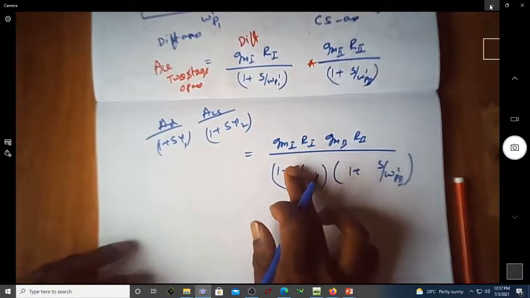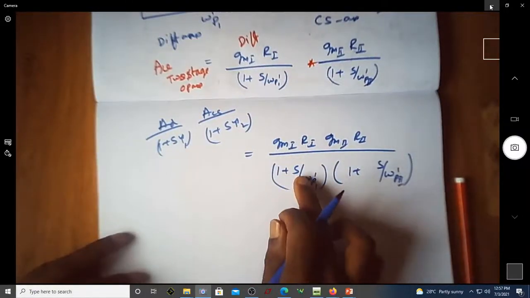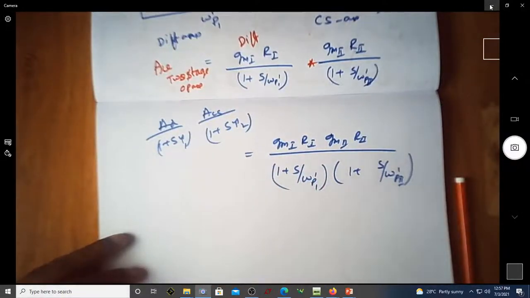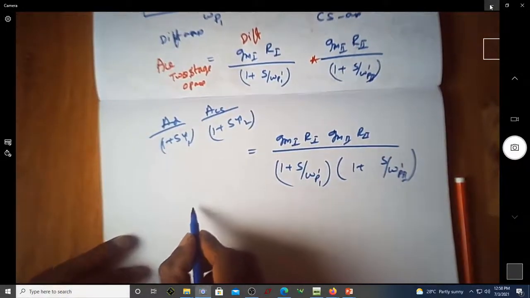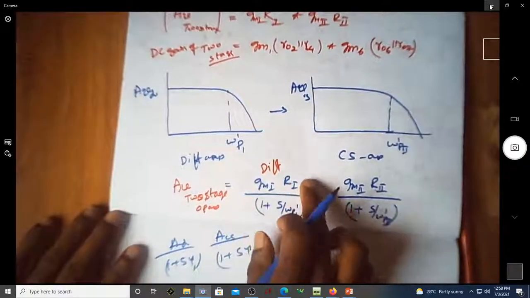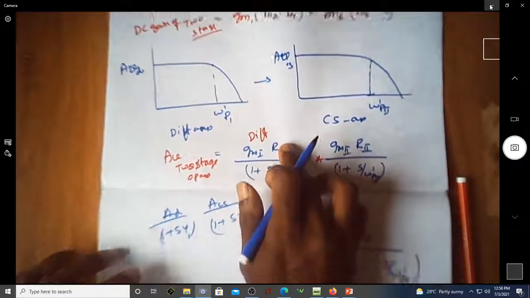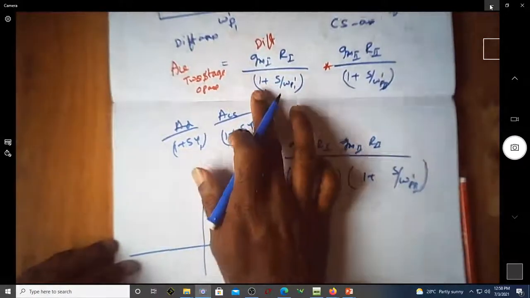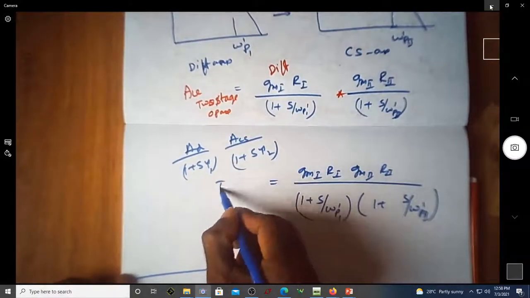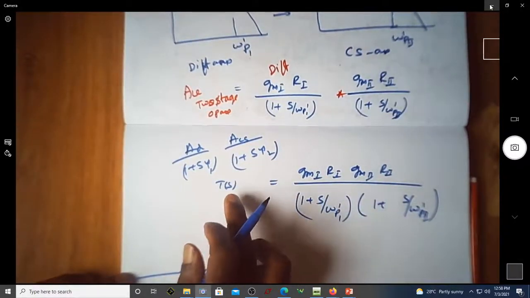Since we have omega P1 dash and omega P2 dash as the cutoff frequencies, I can write the pole-zero representation of this. Since we don't have any finite zeros here, I can write the S-plane representation of the entire two-stage amplifier. This is the transfer function of the two-stage amplifier.